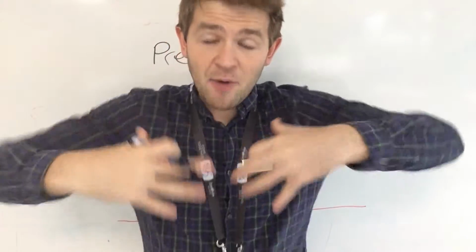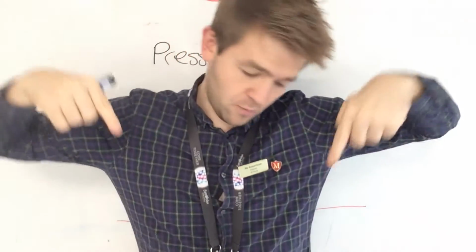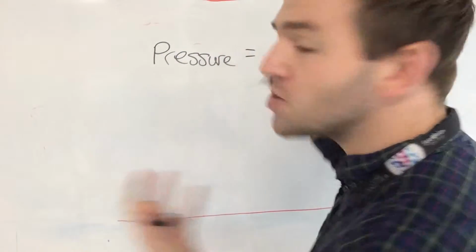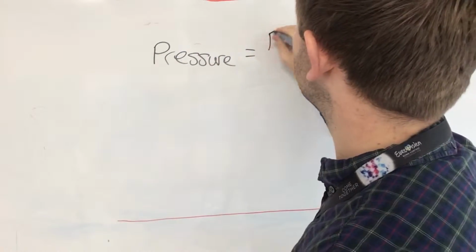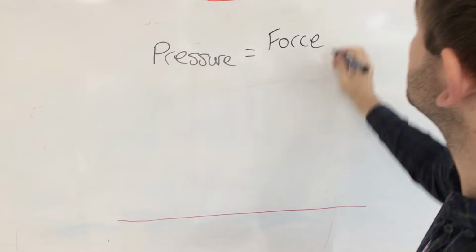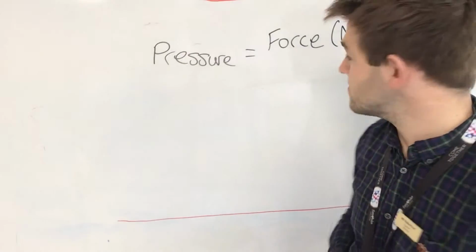If I am bigger, I will have more kilograms, I will have more weight, and I will push the ground more. I am pressing into the ground more. So we need some kind of pressing thing, and that is my force. Remember that force we use newtons to measure in.